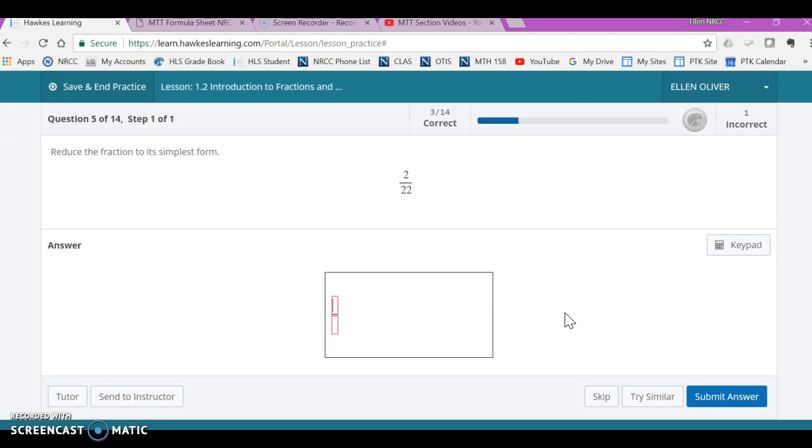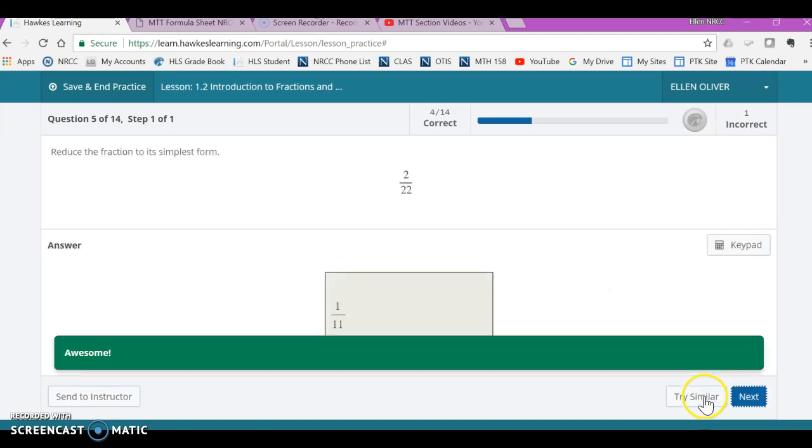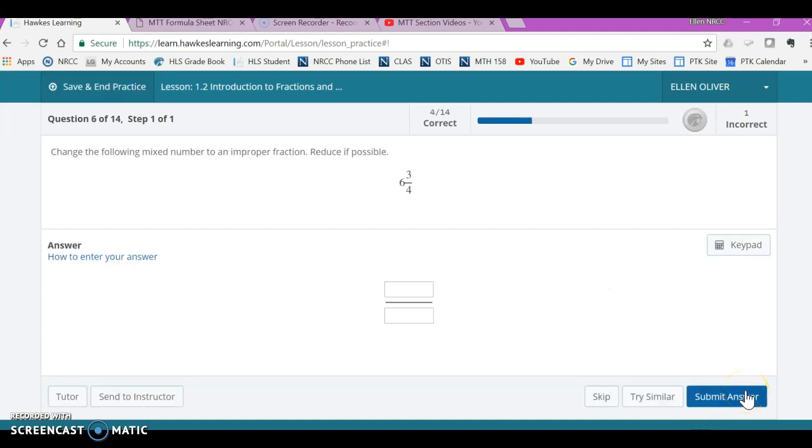If I hit my division bar, which on my keyboard is down next to the shift bar, it will create a fraction or take that fraction away. It'll toggle back and forth. So I decided that this was 1 over 11 when I reduced it. So again, you want to factor, and then you want to cancel common factors, and then you want to rewrite it as the reduced fraction.